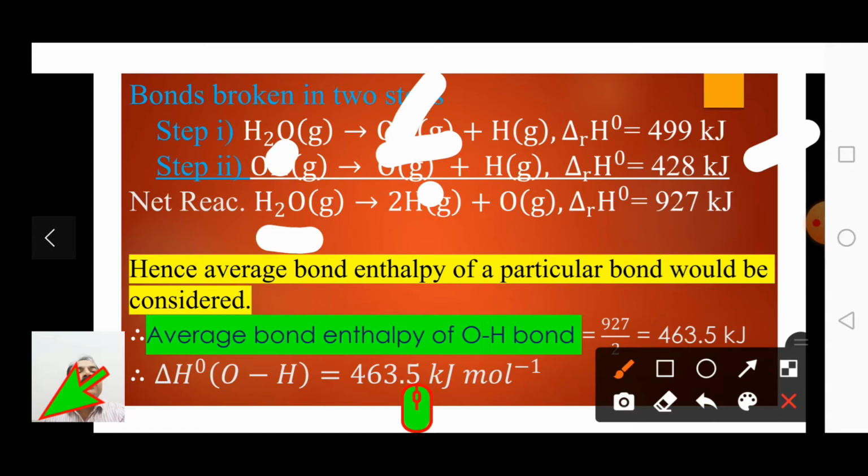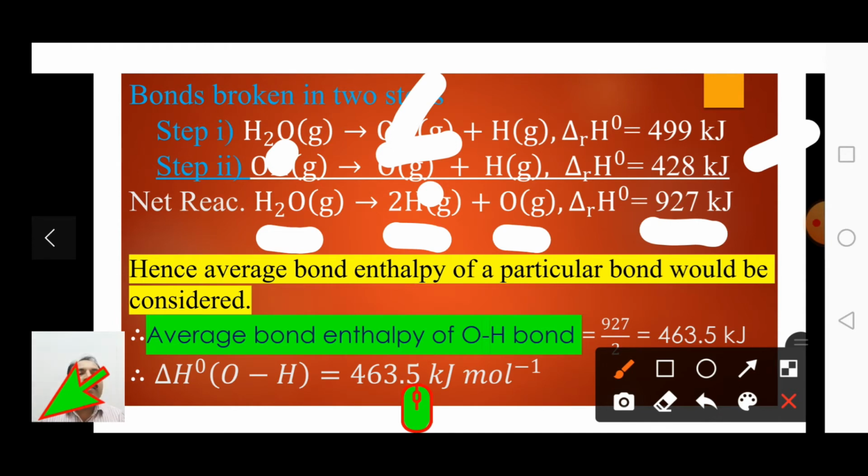There are two hydrogen atoms and one O. The addition of these two standard enthalpy changes is 499 plus 428, equal to 927 kilojoules. Hence, the average bond enthalpy of a particular bond can be considered.